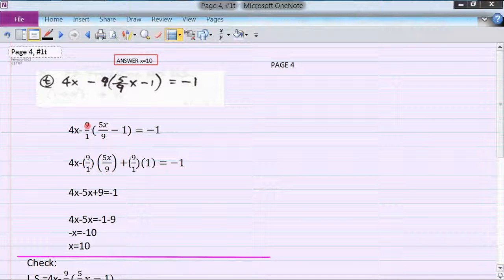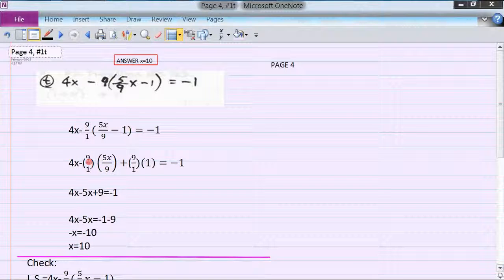And then I'm going to multiply minus 9 over 1 times minus 1, which gives me the minus, and the minus here gives me the plus, and this 9 over 1 is that, and this one is this, and the sign changes because I'm multiplying a minus times a minus here.